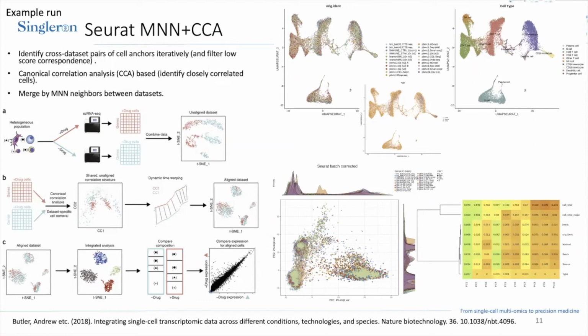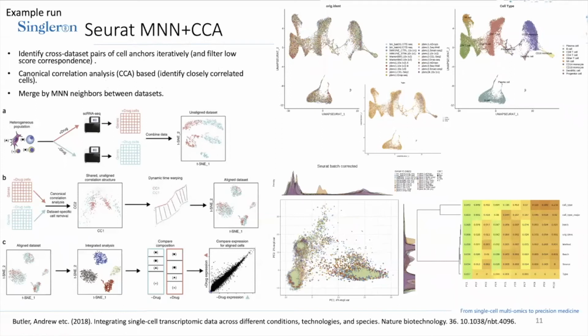So this method both identifies the anchor cells and tries to avoid as many errors as possible by filtering these low score correspondences. And on top of the MNN, it adds one more step of CCA, multiple steps of CCA, trying to identify the closely correlated cells.